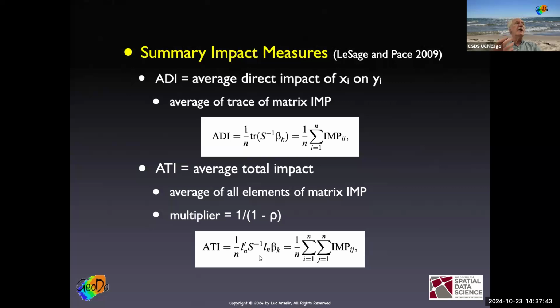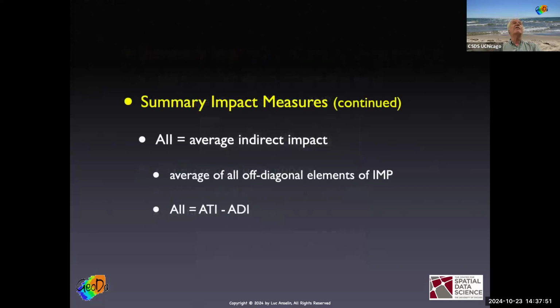So they use these average direct impact, ADI, and ATI, and then the indirect impact is the difference. The ADI is easy to compute, ATI is easy to compute, AII is not so easy to compute, but it's easy as the difference between the two because it's one or the other. Can't be anything else. Right?